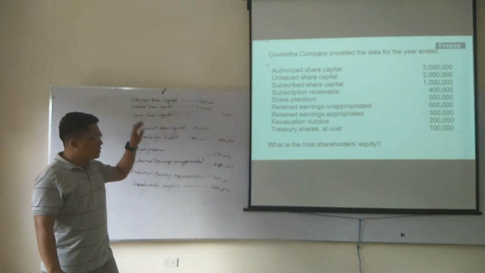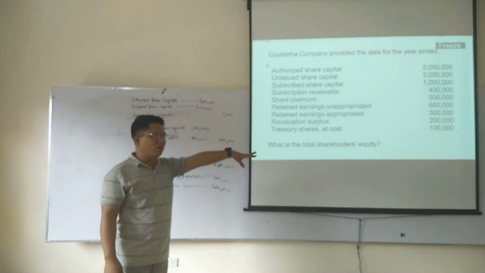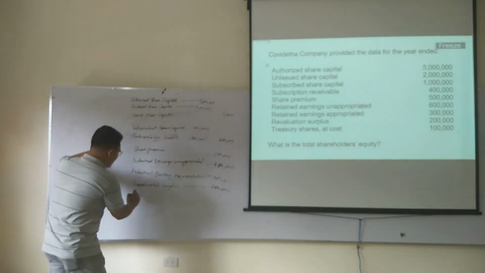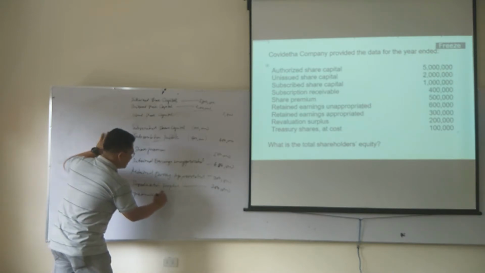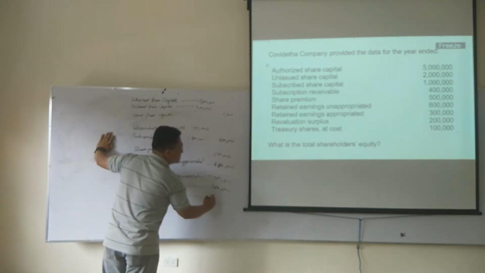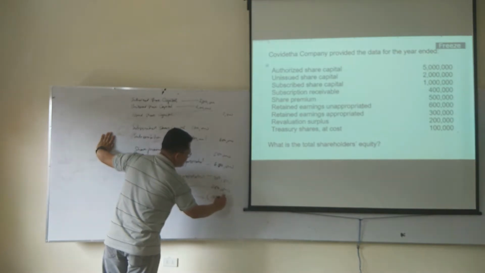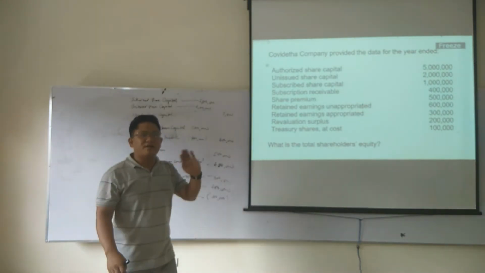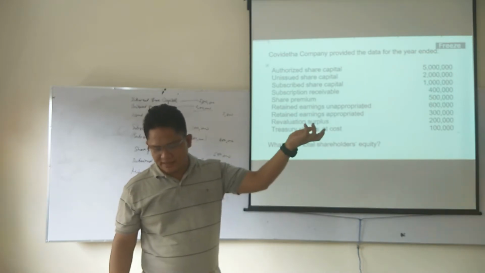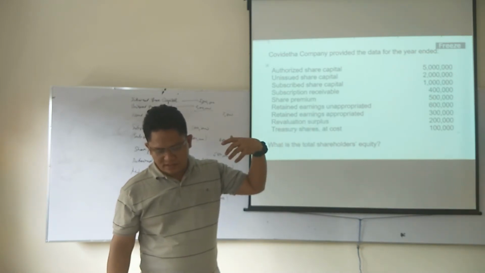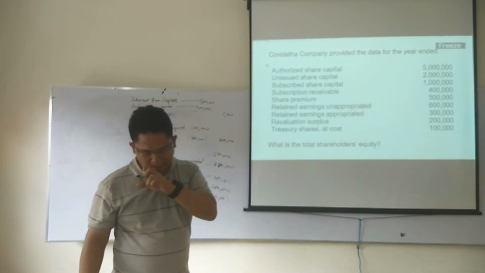So revaluation surplus, 200,000. Treasury shares is also part of our total stockholders' equity, and it is shown as a deduction. Treasury shares at cost is 100,000 deduction. Treasury shares are the company's own shares that are reacquired but not cancelled. So minus 100,000.